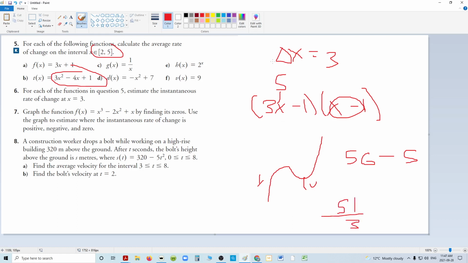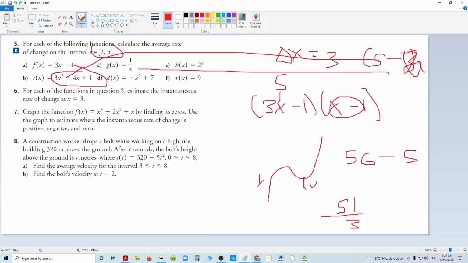If you don't know what I did there, I'm looking for my delta y, which is the difference between 5 and 2. First I took 5 and put it into the formula to come up with my y2. Then I put 2 into the formula, because it's x1, to come up with 4 times 3, 12, minus 8, 4 plus 1, 5. Then it's 56 minus 5, that's my delta y, 51.